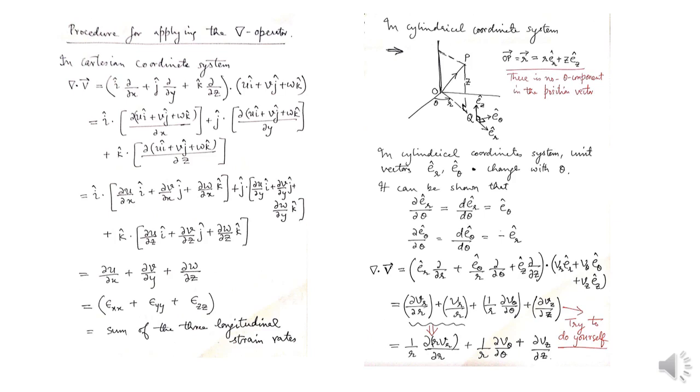So the partial derivative of ER with theta, since ER only changes with theta, is the same as the ordinary derivative, and this derivative we can show: the derivative of the ER unit vector is the unit vector E theta. Okay, and similarly the derivative of E theta with theta is minus ER.